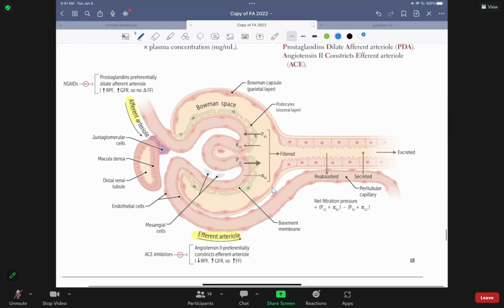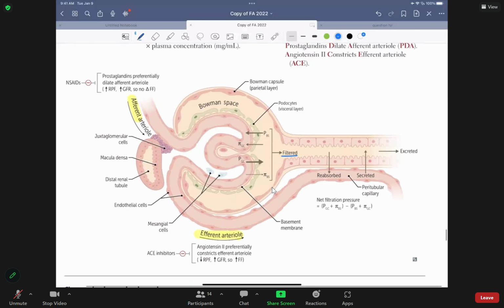See, this picture has what we needed. They are showing what is filtration, and they are showing what is reabsorption, from the urine going back to the blood. Secretion means going from blood to the urine, and then finally you have excretion. So everybody clear, folks? All right.